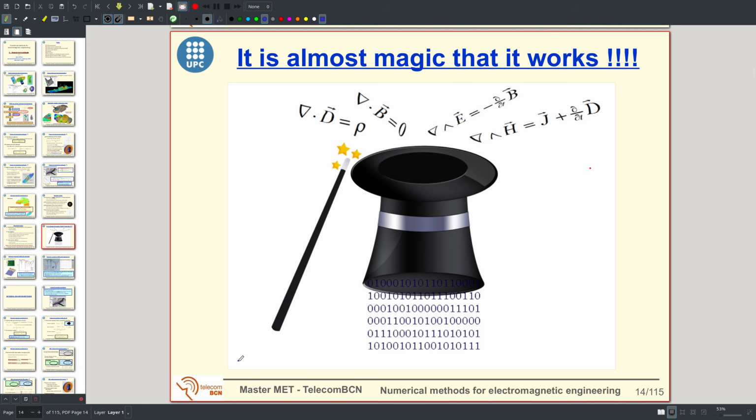Of course, you will not find that easy. You will have to work hard, but I can assure you that what we propose for the practical project will be easy compared to the difficulty of real life problems. So here I repeat my joke, it's almost magic that it works.